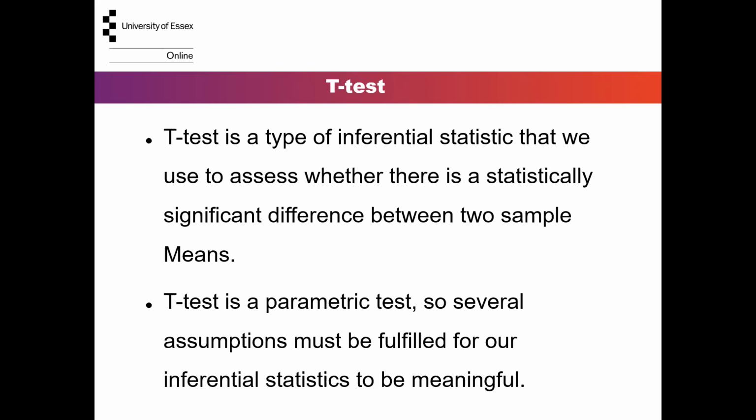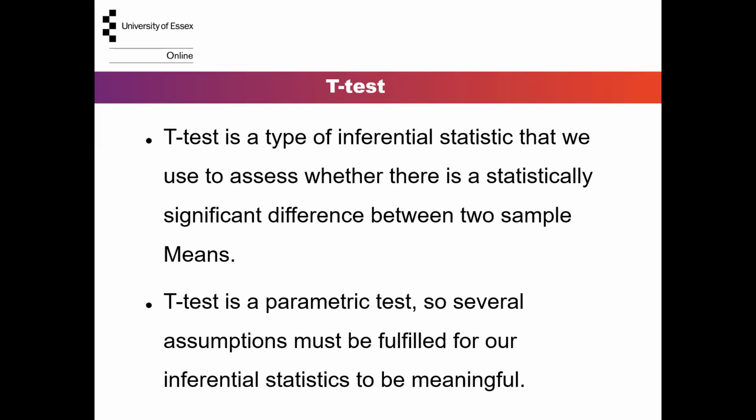So we compare the two sample means, which are the depression levels before they took the antidepressant drug and after they took it. So we run a t-test to assess whether there's a statistically significant difference between these two sample means.